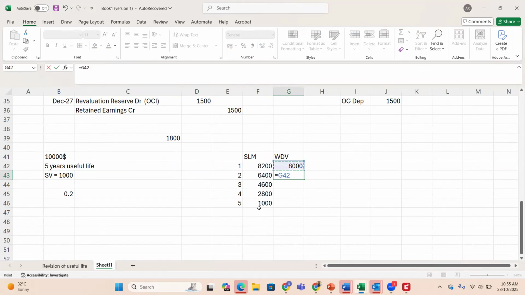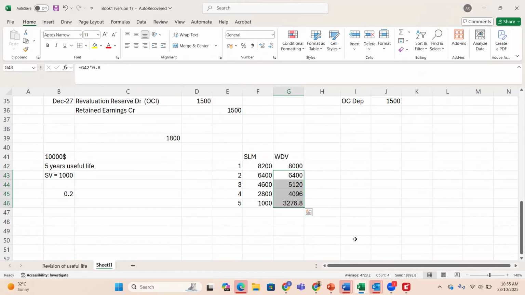Now second year, it is going to go even further. It will go to year 6 also. We'll take 25%.